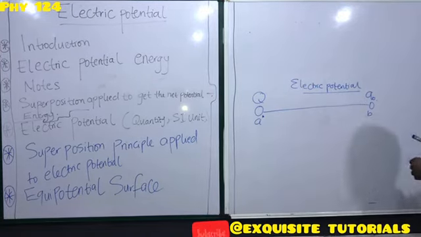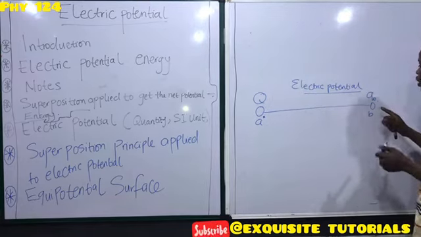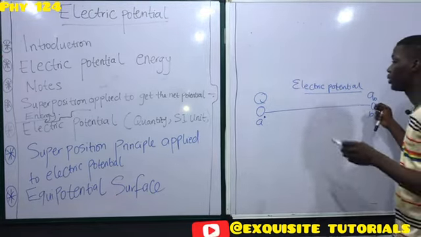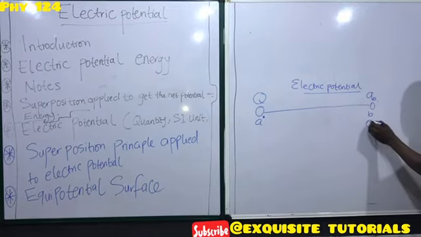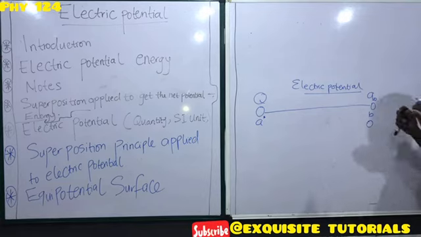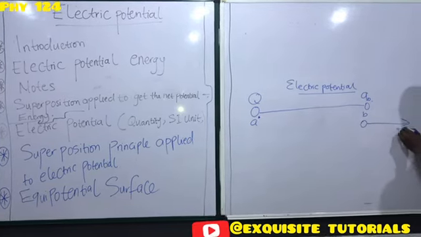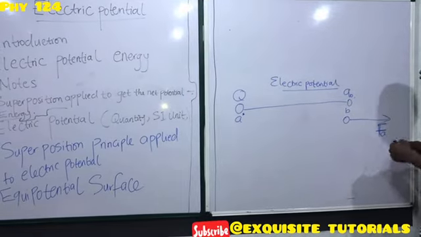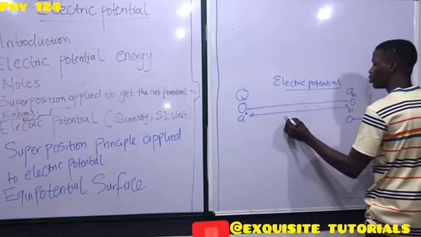Take note, whenever a reference charge is interacting with a unit charge, and when they are placed in this kind of condition, it always experiences a conservative force. Let's call the force F of A, assuming the distance from here to here is equal to RA.